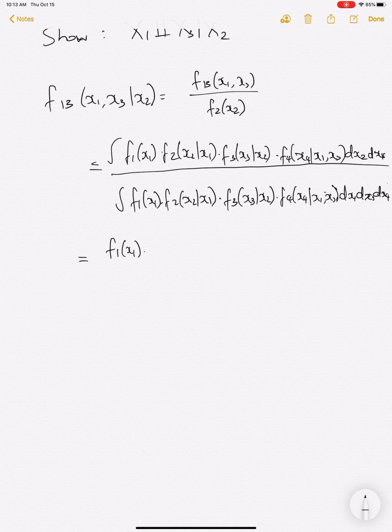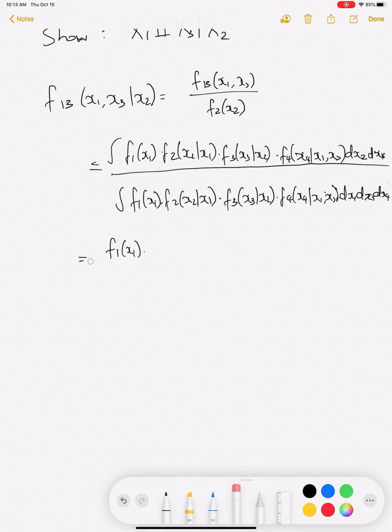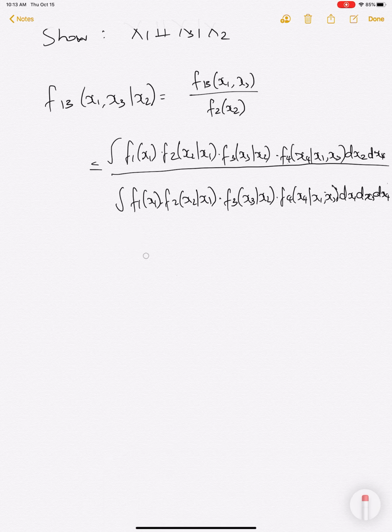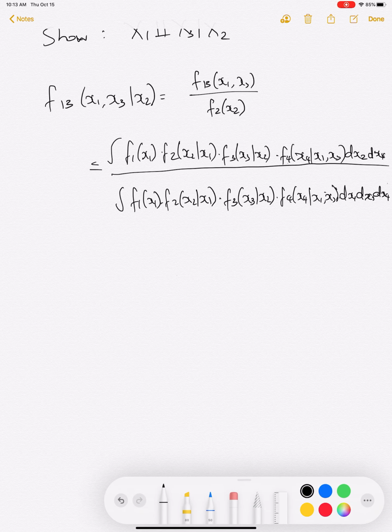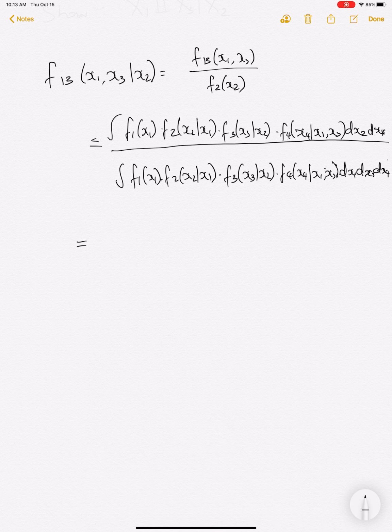So the integrals with respect to x4 are all going to cancel out. So you can just re-express this without all the x4s in there, and you're just going to get x2 and then dx2.